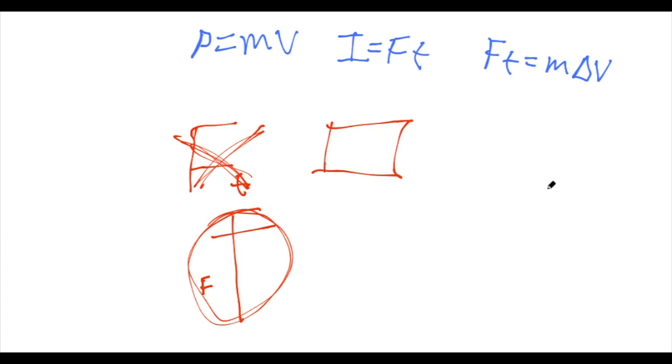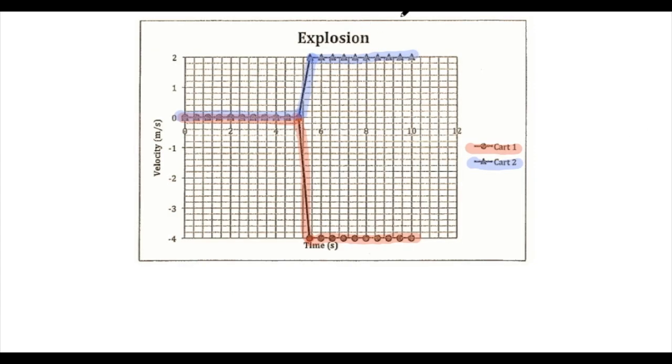Okay, so this is the graph that you'll see on page 10. It has to do with explosions. I wish the heading actually wasn't here so that you could just figure out what it is on your own, but it is, and that's okay.